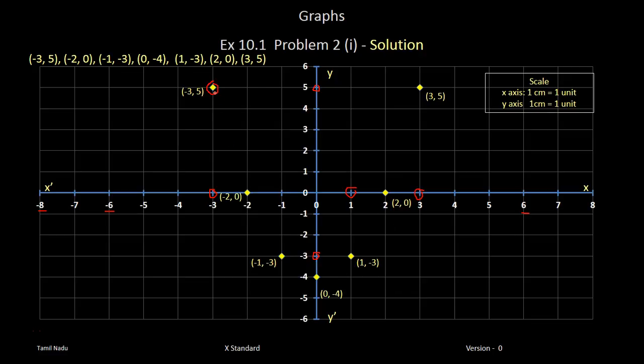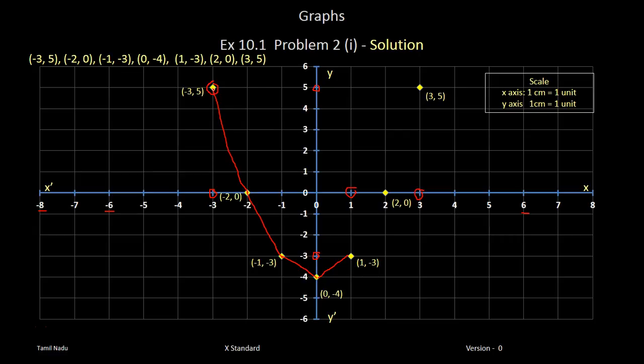After plotting, what you need to do is join all the points using a scale, by a very thin and light straight line. It must be visible only to you, like this.